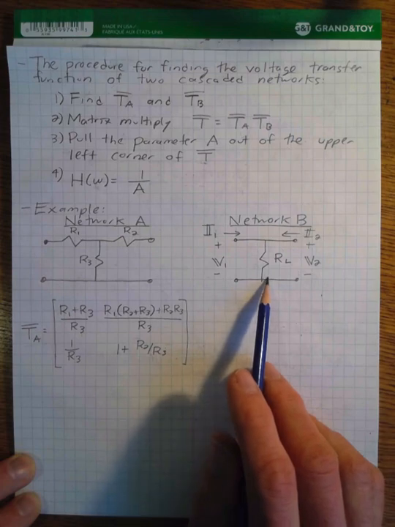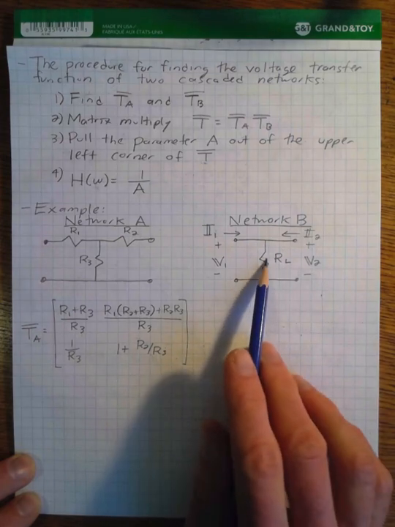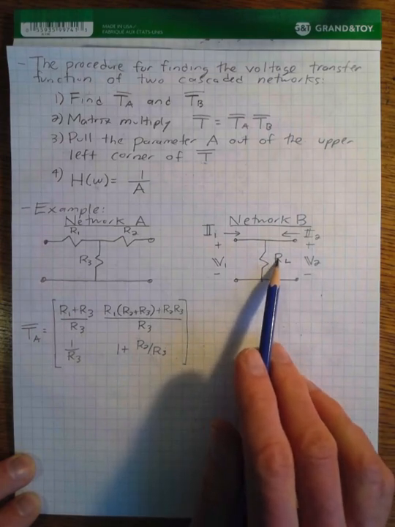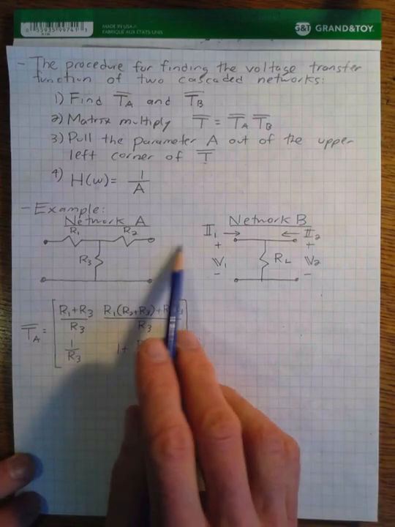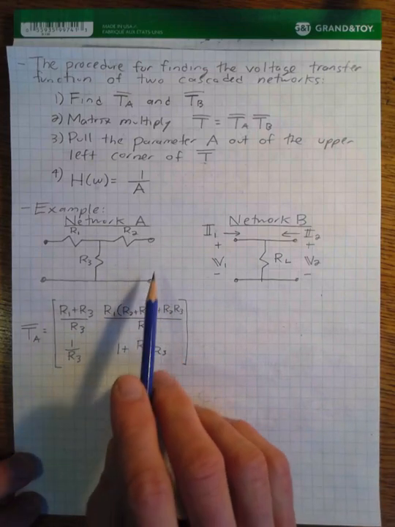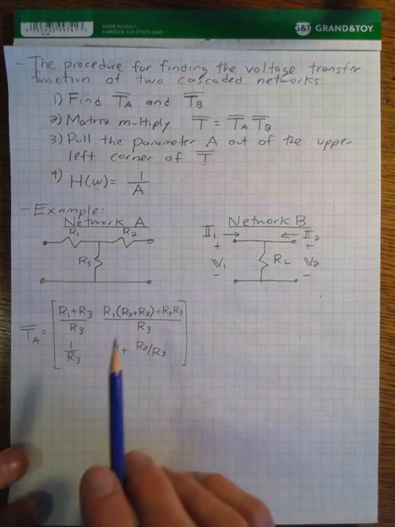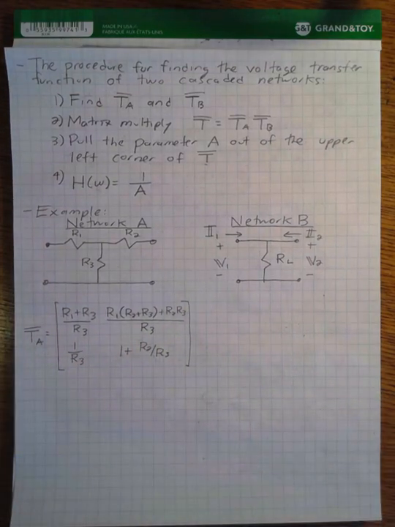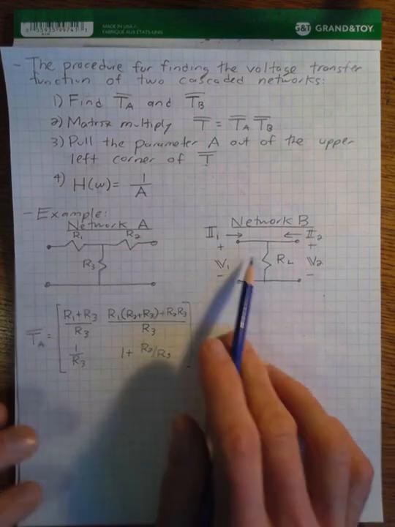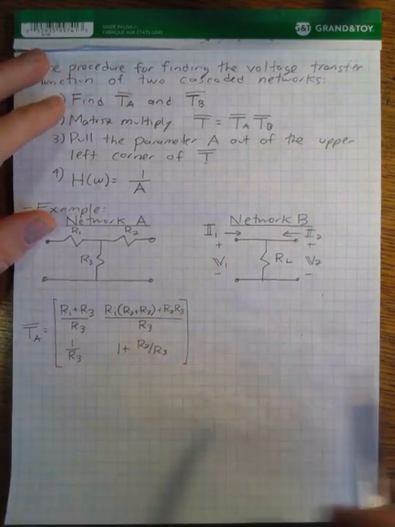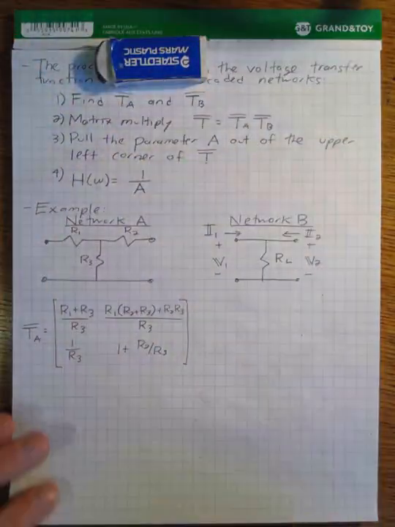Our second network is just a load resistance, right? So basically I just want to take this load resistance and put it onto the network A. And this is a very common thing to want to be able to do, right? Remember when I was motivating this whole thing at the start of this lecture, I said, well, it's nice to be able to take a filter or something like that and then just put a load on the end of it. And so this is basically going to allow us to do this when we cascade with RL.